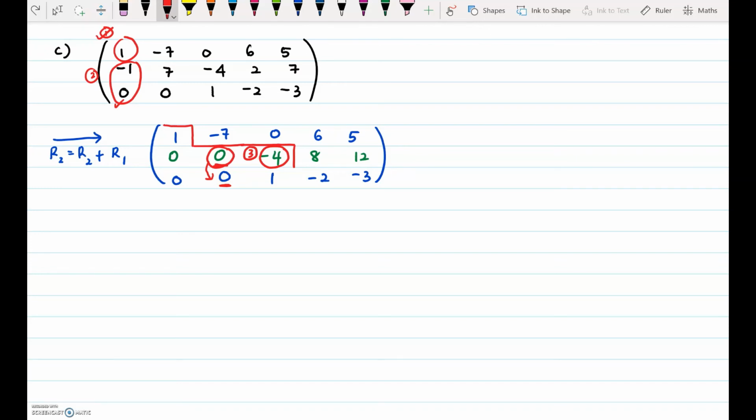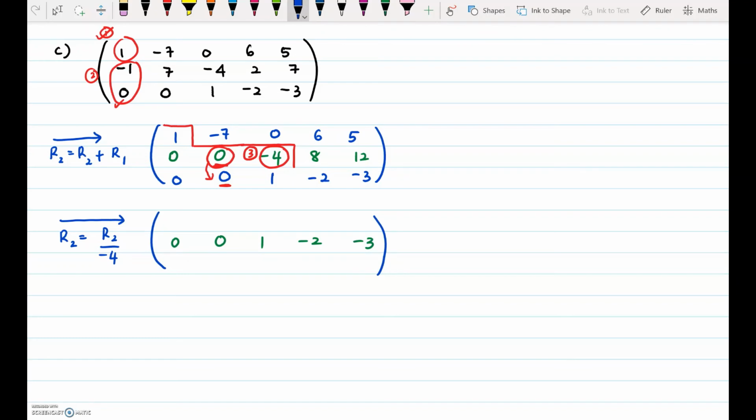Now let's continue with the third step. For the third step we have R2 equals R2 divided by -4. So now we will have 0, 0, 1. So 8 divided by -4, you will get -2. 12 divided by -4, you will get -3.